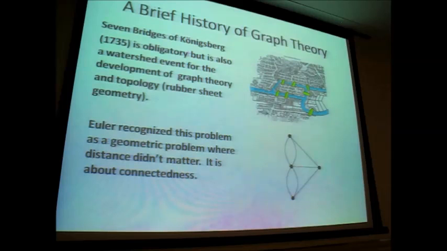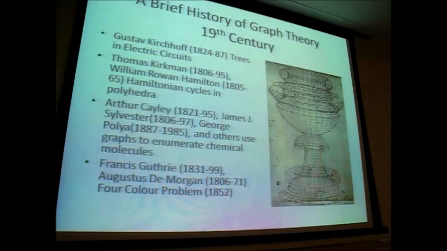This is considered the watershed moment for the development of graph theory and topology. Topology is a broader area; I've seen one lecturer refer to it as rubber sheet geometry. We'll talk a little about that, but it's a whole branch of math in and of itself. That was in 1736, and it seems like not a lot happened until maybe the early 1800s.